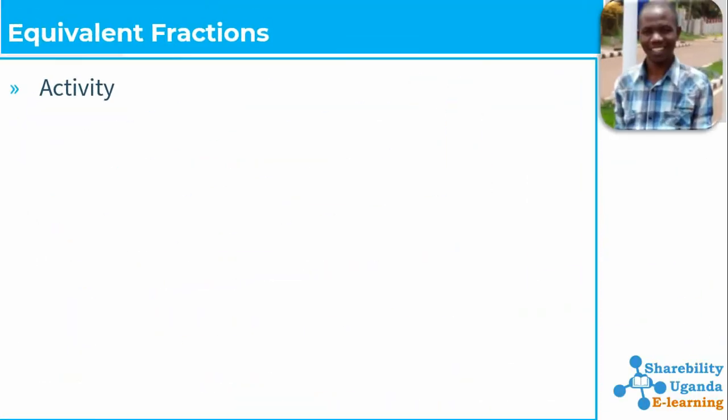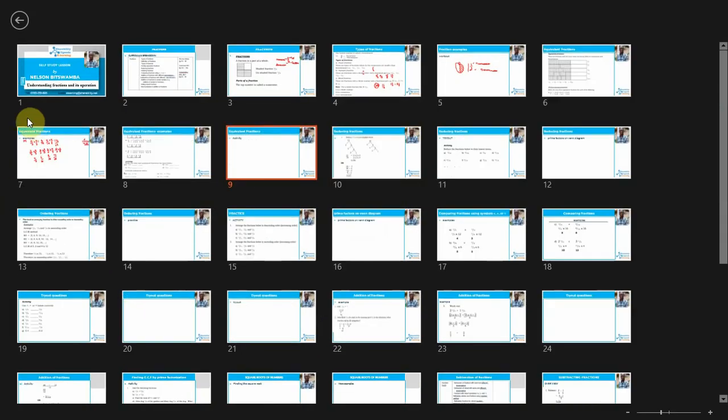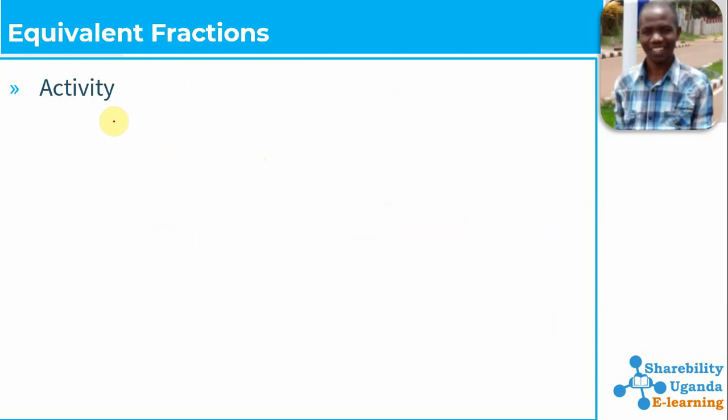Okay, let's get our pen here. This is going to be our solution, our solution number 2, where we are having 1 out of 2 is equal to y out of 6.